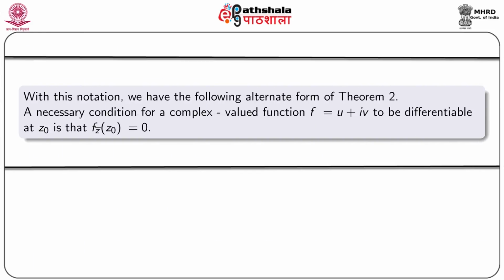With this notation, we have the following alternate form of theorem 2. The result is a necessary condition for a complex valued function f equal to u plus iv to be differentiable at a point z0 is that partial derivative of f with respect to z bar at the point z0 must be 0.